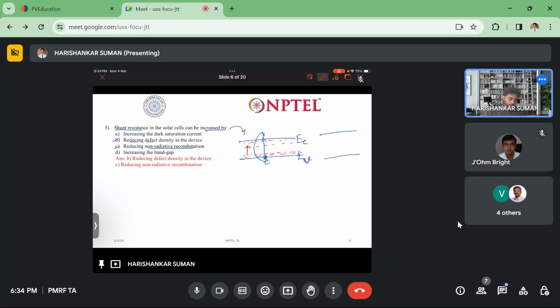So shallow traps or defect density, surface defect density, also matter for shunt resistance. If there are pinholes in the film, let's say, then our device is shunted, so defect density also matters. It should have fewer defects, there should not be pinholes, and non-radiative recombination also.